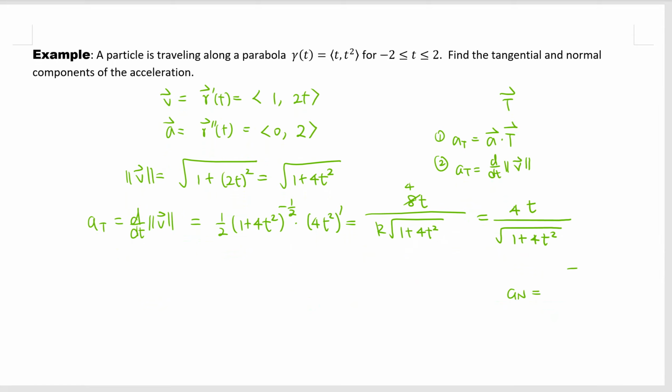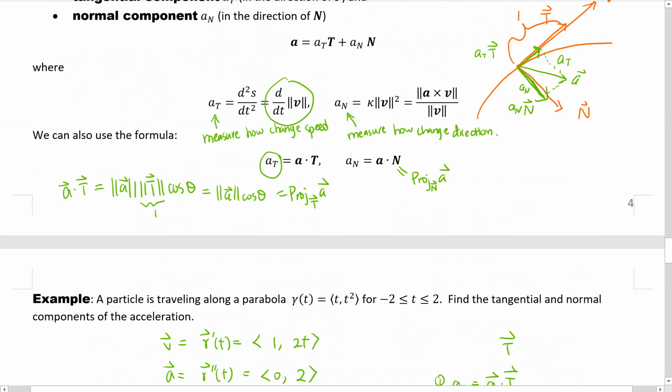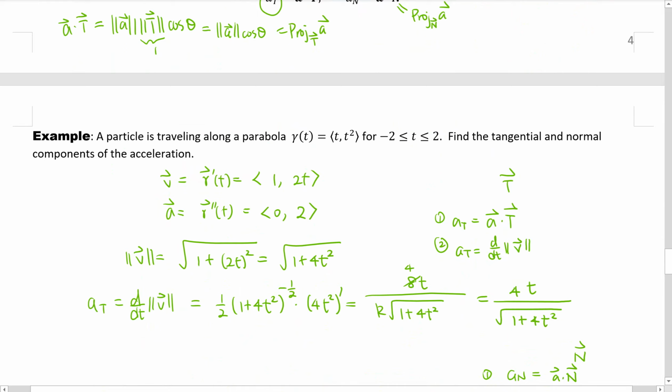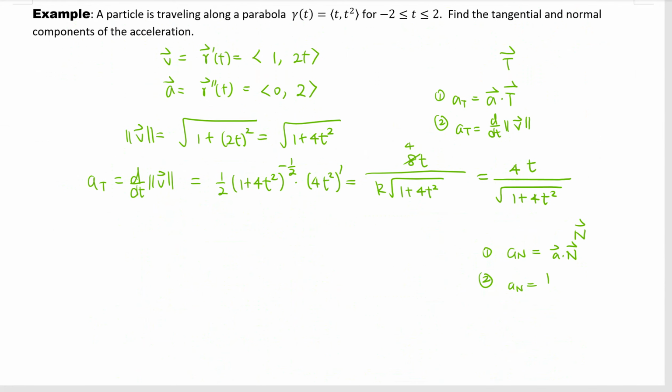You can calculate the N, and then use A dot N. The second way is to use this method: A cross V, the magnitude of that, divided by the speed.